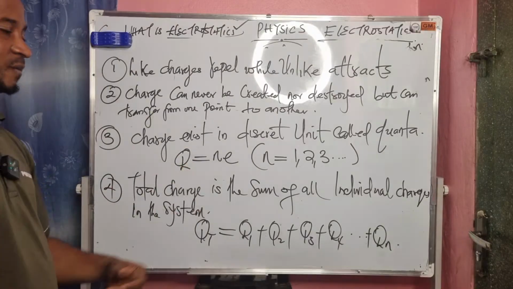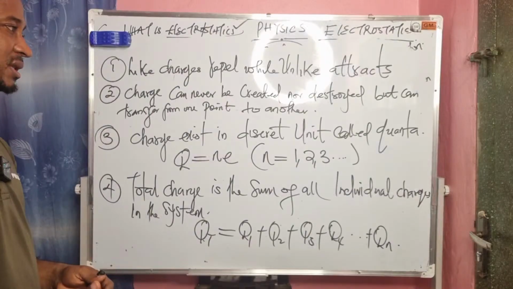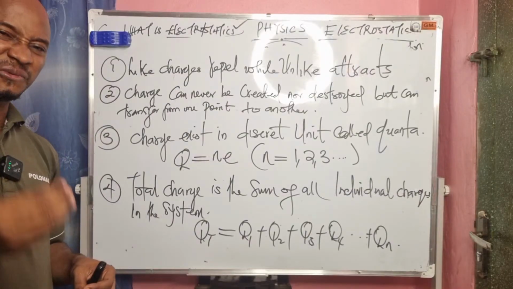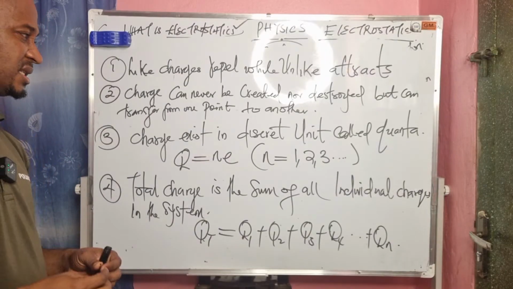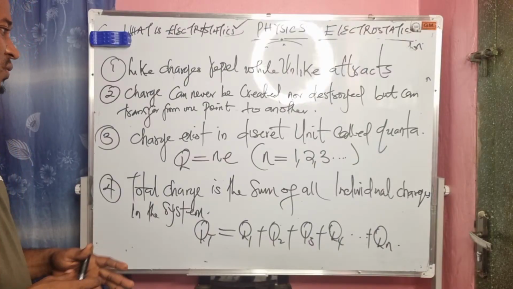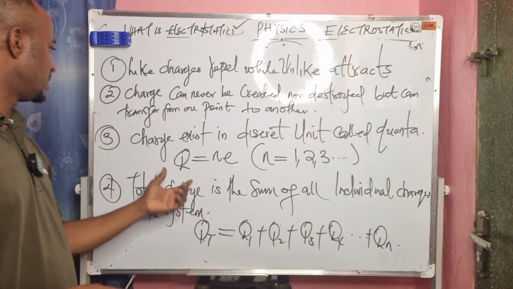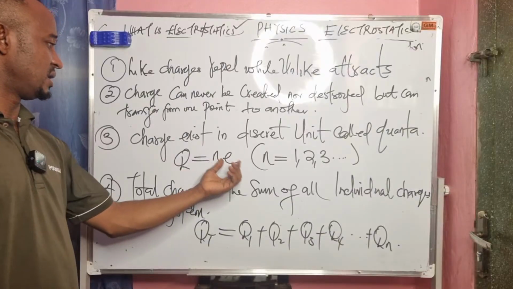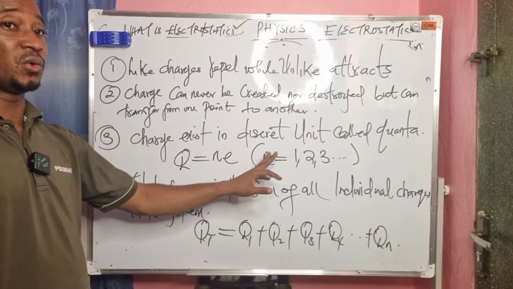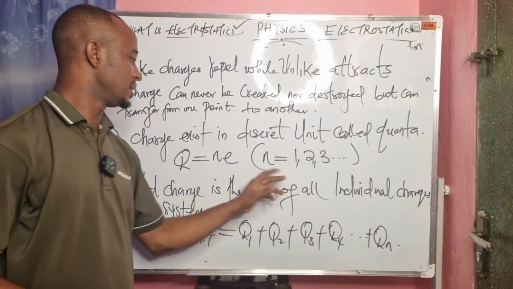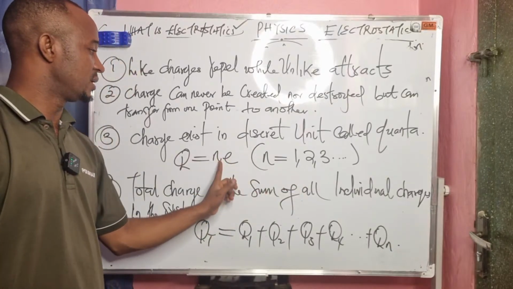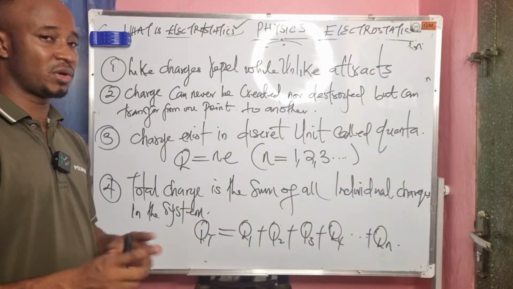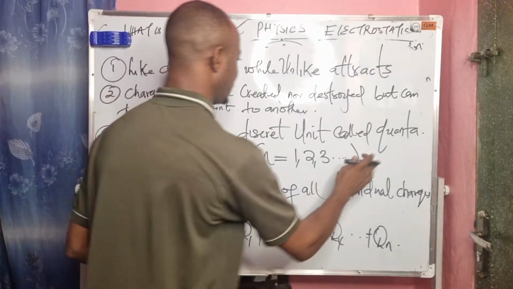Charge exists in discrete units called quanta, meaning they exist in a fixed amount. The charge is given as NE, where N represents a whole number, meaning it can be 1E, 2E, 3E, but it cannot be a fraction.